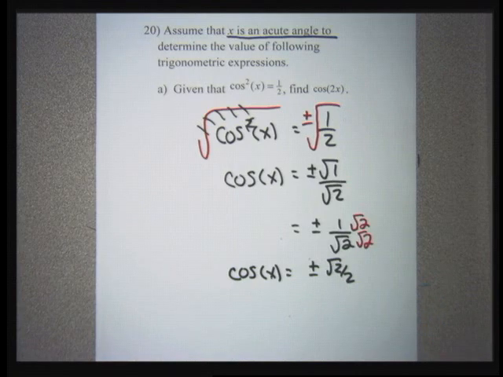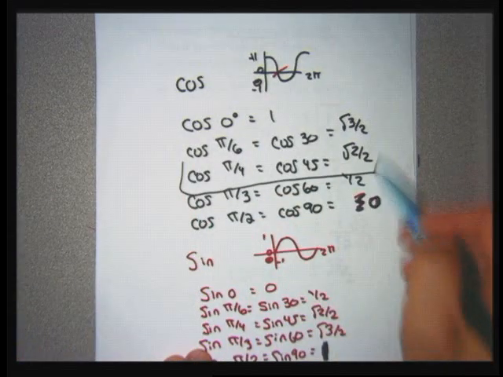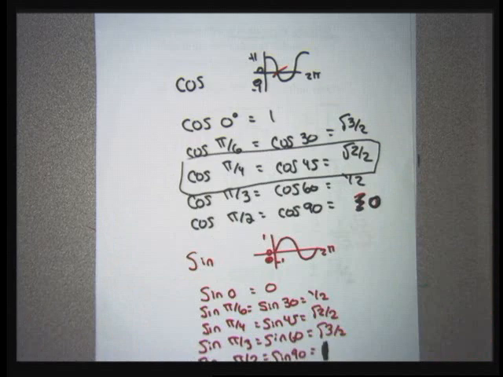There's actually 4 different answers to this if you want to consider the whole 0 to 2 pi or 0 to 360. But for our purposes, we're only considering angles in the first quadrant, and the angle in the first quadrant that has a cosine of square root of 2 over 2 is 45 degrees, or pi over 4.